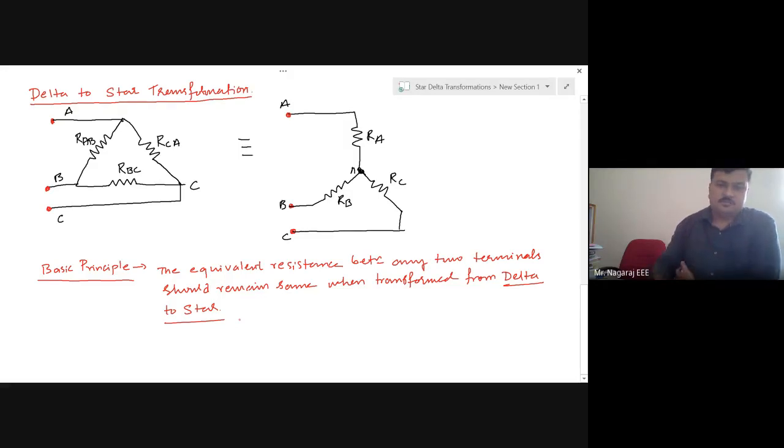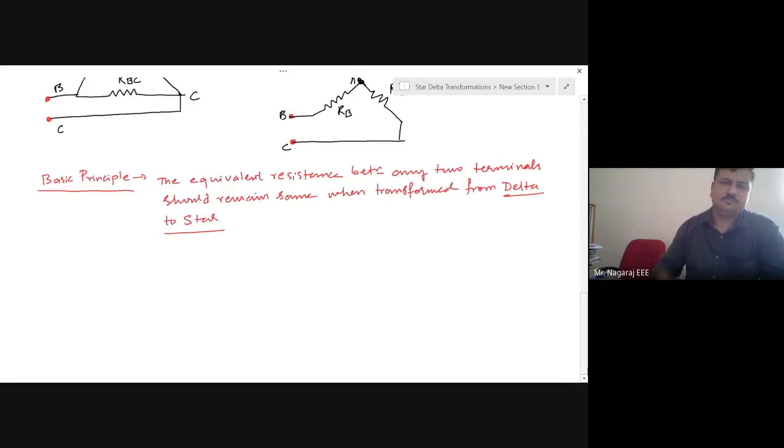Now we got the method. Philosophically, first we see that equivalent resistance should be the same. Methodically, we saw that if I keep the equivalent resistance between two terminals the same, then the transformation is valid. Now we have to see technically how to do it.